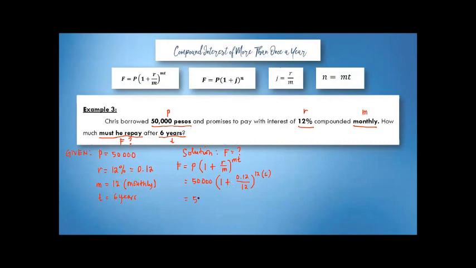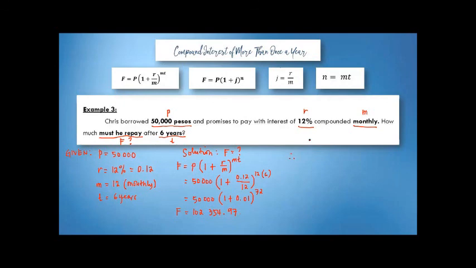Pwede siyang 50,000 times 1 plus 0.01 raised to 72. So 0.12 divided by 12 is 0.01. Then 12 times 6 is 72. So the final answer for F is 102,354.97. Rounded off na yung 97 to 2 decimal places.